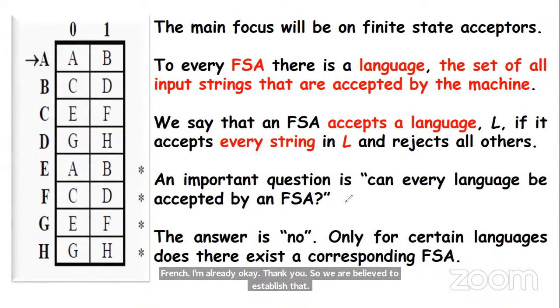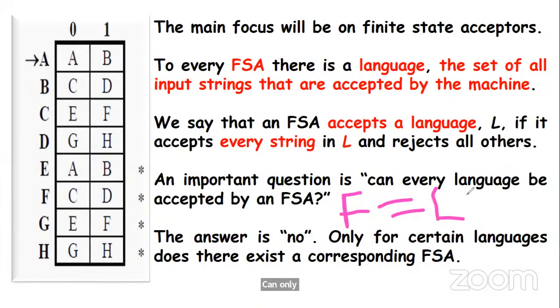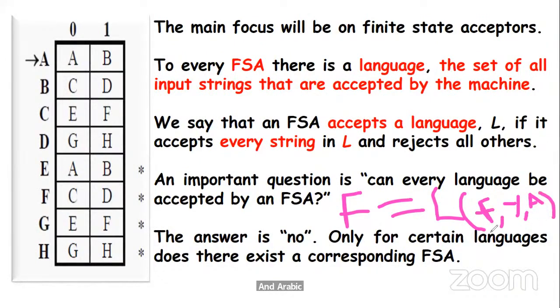So we can now define that Faisal can only understand a language defined over what? French, Yoruba, and Arabic. So these are the set of languages that she can understand.